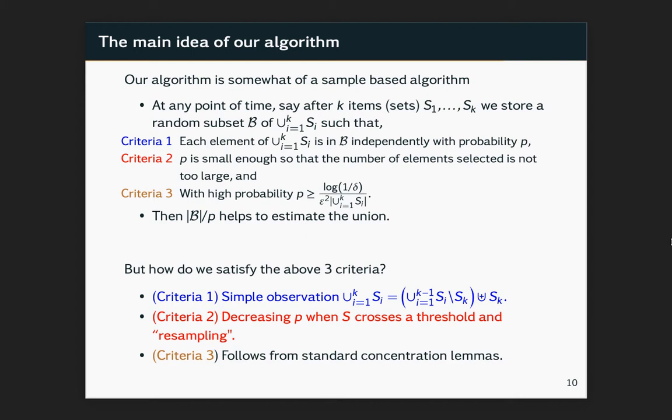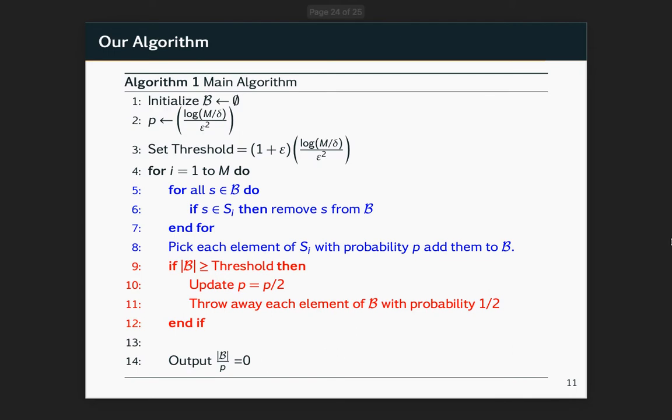Now, with all this said, let me jump into the algorithm. The algorithm starts with the probability P, which is pretty high, and has a threshold value which is an upper bound on the number of samples we will be keeping at any point of time.